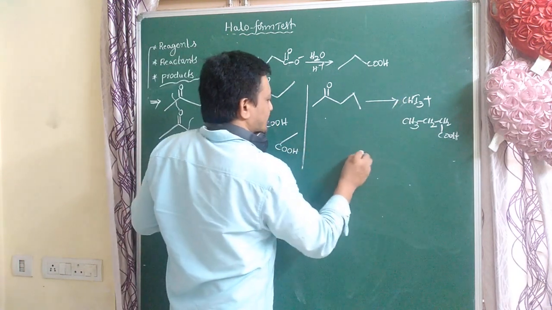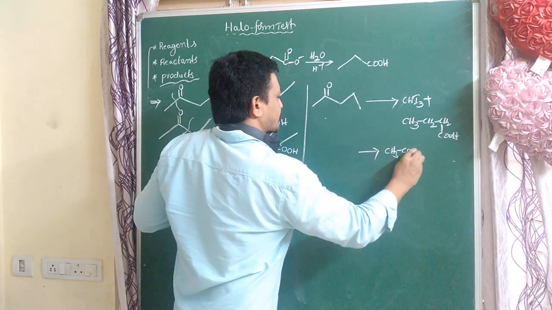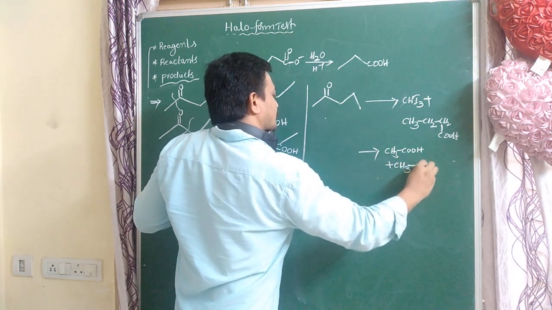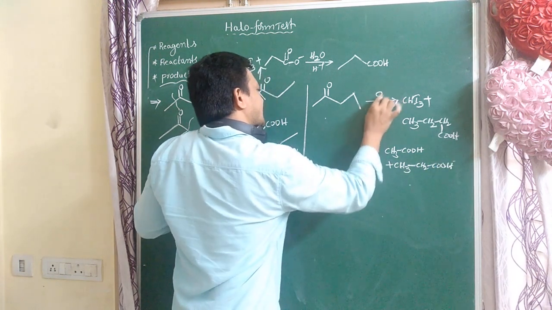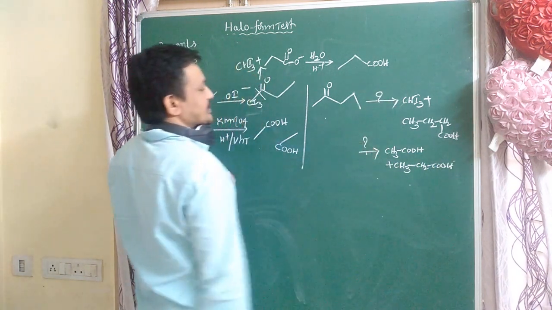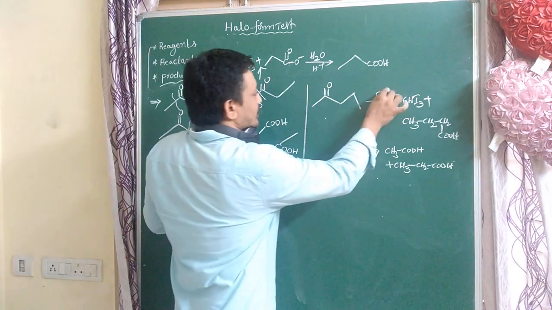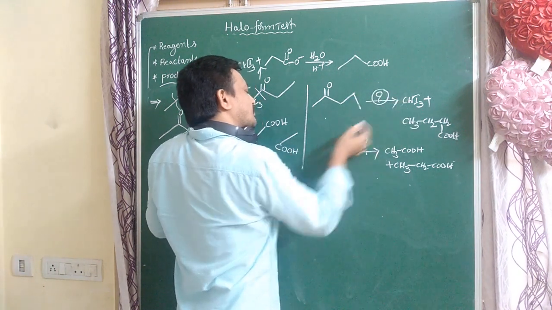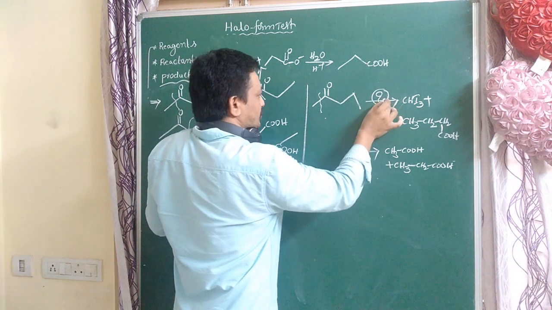So in this case acetic acid plus propanoic acid is formed. So which reagents are suitable in both cases? Which reagent is suitable where the break happens here? So the haloform reagent is suitable here.